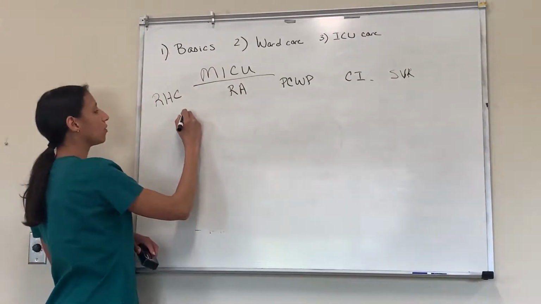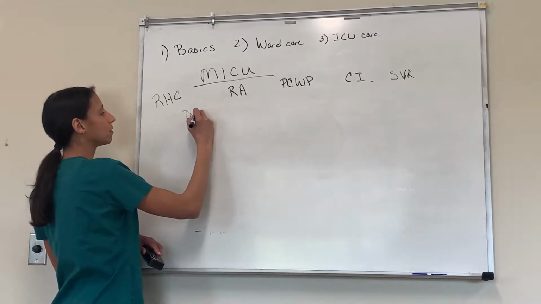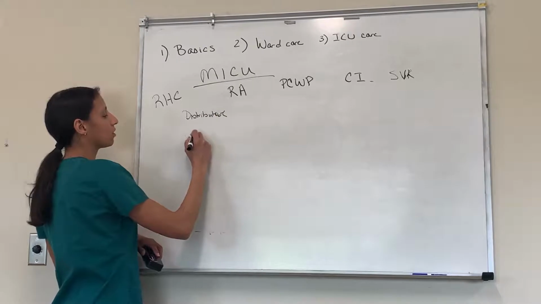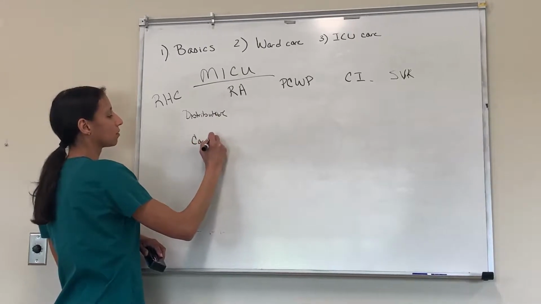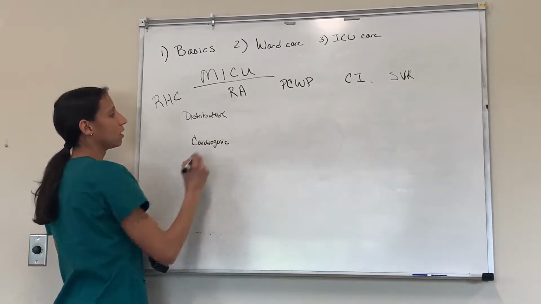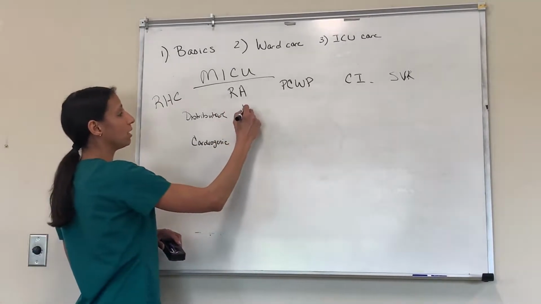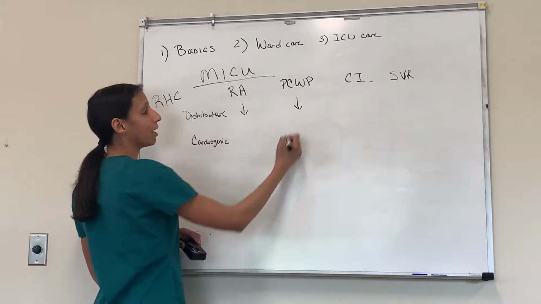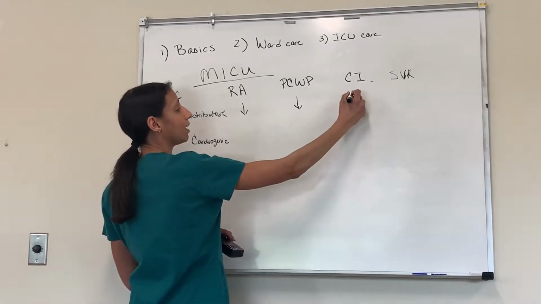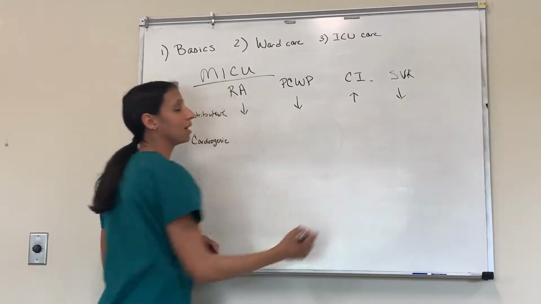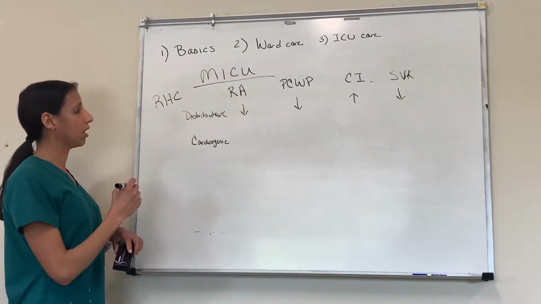And so for distributive or septic shock versus cardiogenic shock. For distributive shock, your right atrial pressure should be low, as should your wedge. Ideally, your cardiac index is going to be high, and your SVR is going to be low. At least that's what we were all taught.